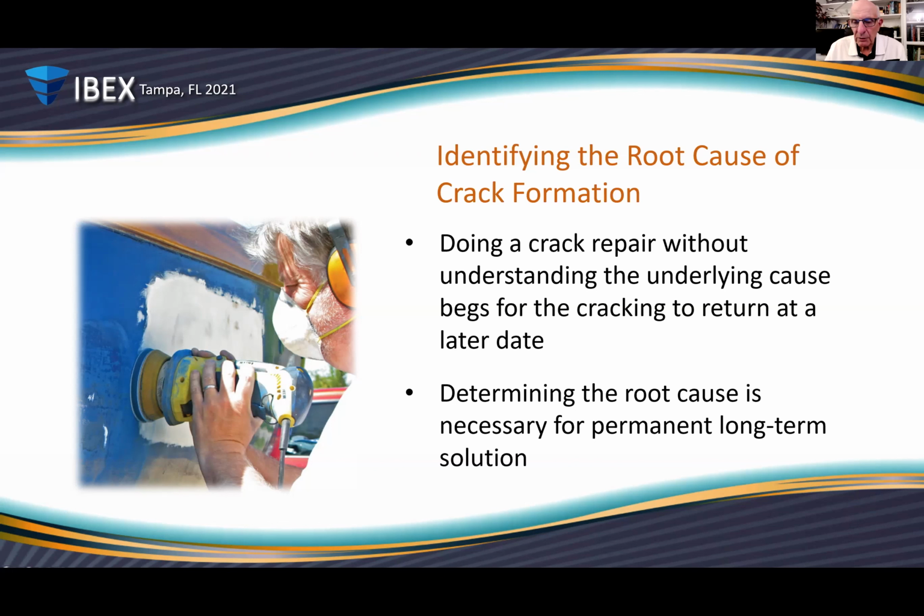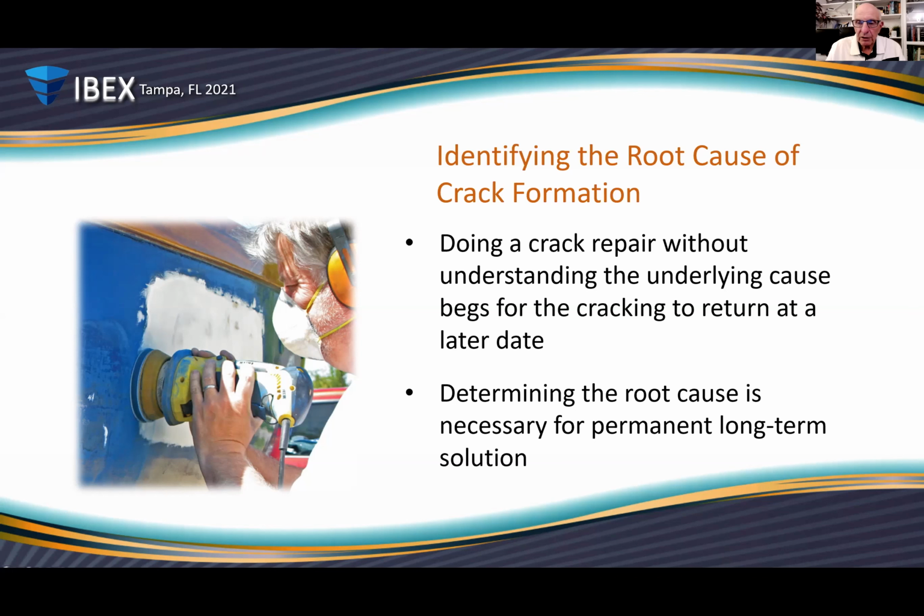So if we take one of those cracks that's the gel coat penetration that's down into the laminate and just do a gel coat repair, the crack will return at some point in time. The whole idea of crack propagation is very real in composites laminate. So what will happen is that crack will propagate back through the gel coat.